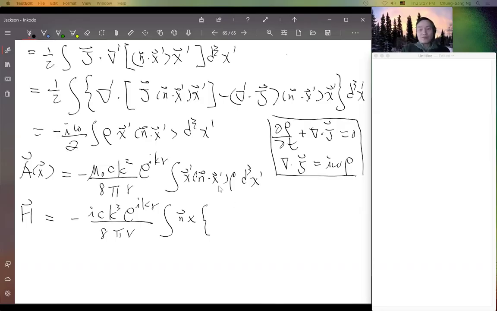But then now we'll just rewrite this a little bit. So we write it as x_i, which is this one, and then write it like x_i dot n.